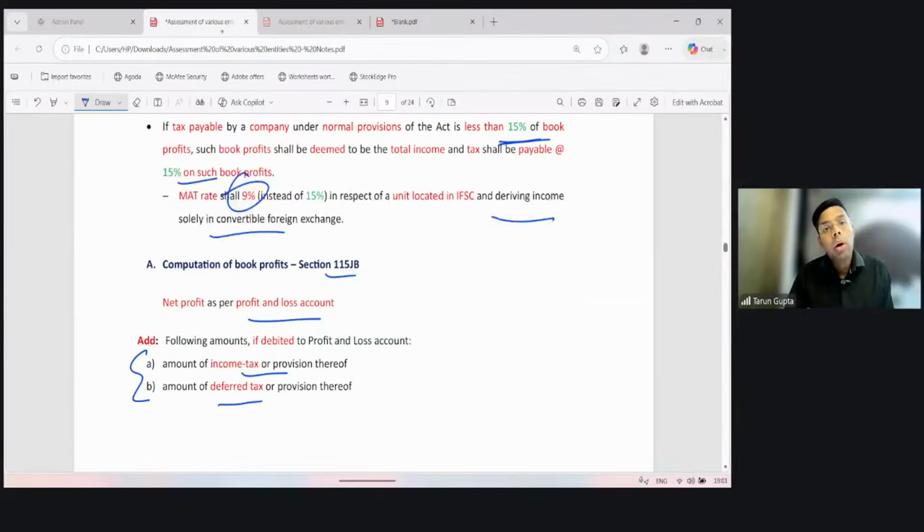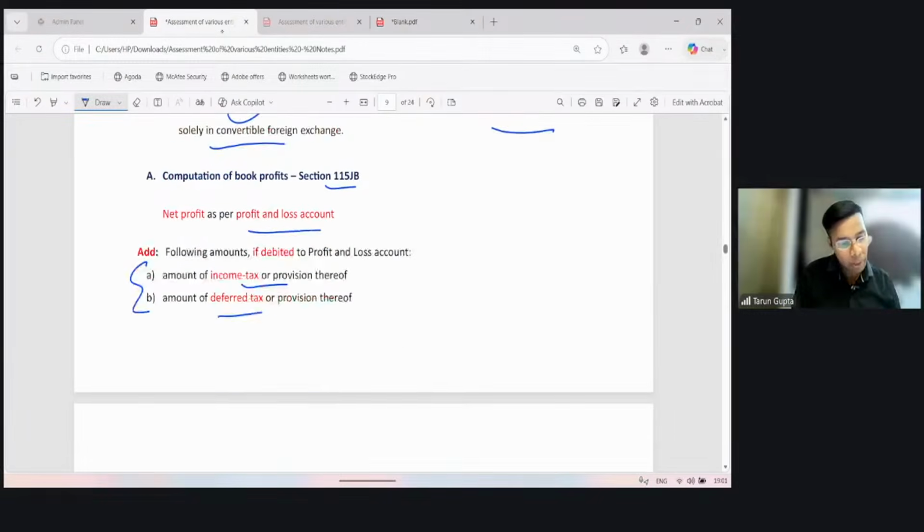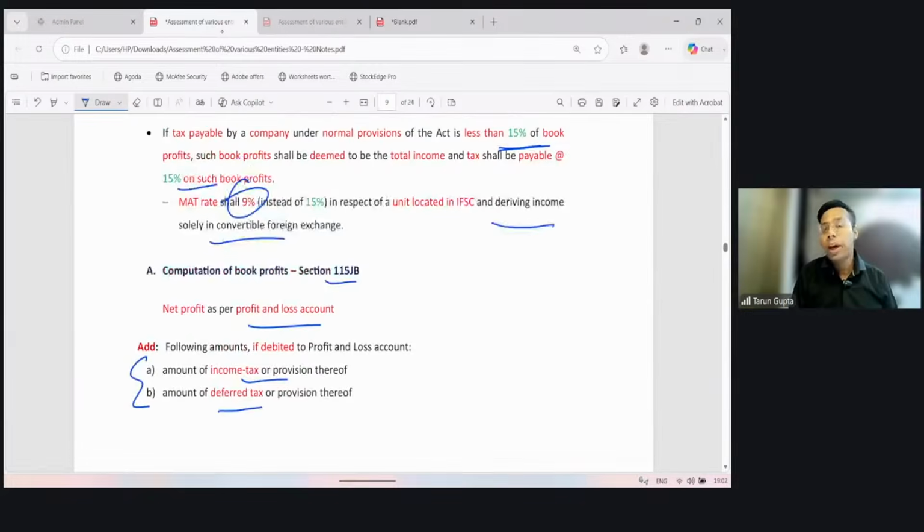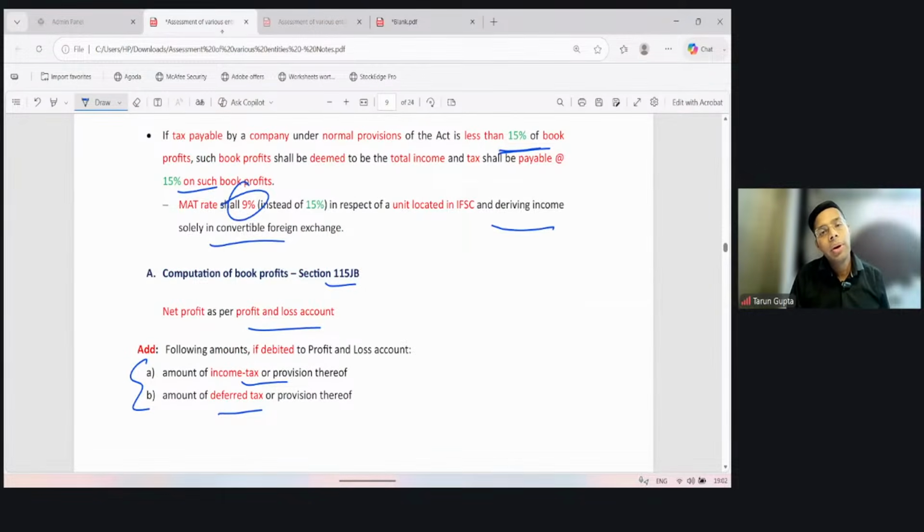Now, you will compute book profit on the basis of such P&L account, and 15% of such book profit, if such 15% is more than the tax payable, then the company is required to pay such 15%; the book profit should be deemed to be the total income. Okay. However, for a unit in IFSC which has its income in convertible foreign exchange, the MAT rate is 9% instead of 15%.